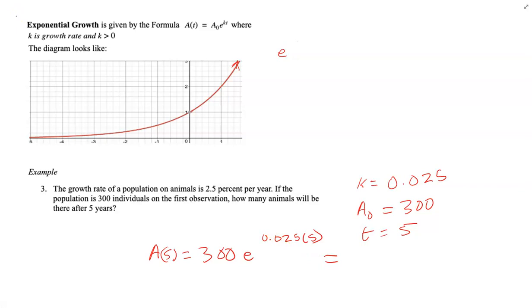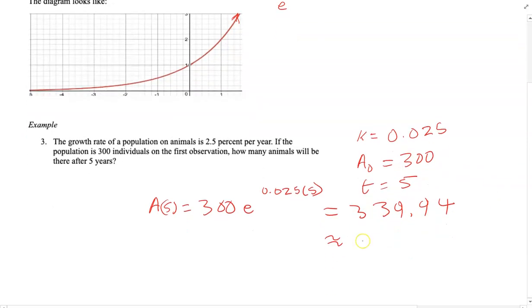What comes out of it should be 339.94. Because we're talking about animals, we don't want to say 339.94 animals, so let's round it up a little bit to 340 animals. All right, and that's it.